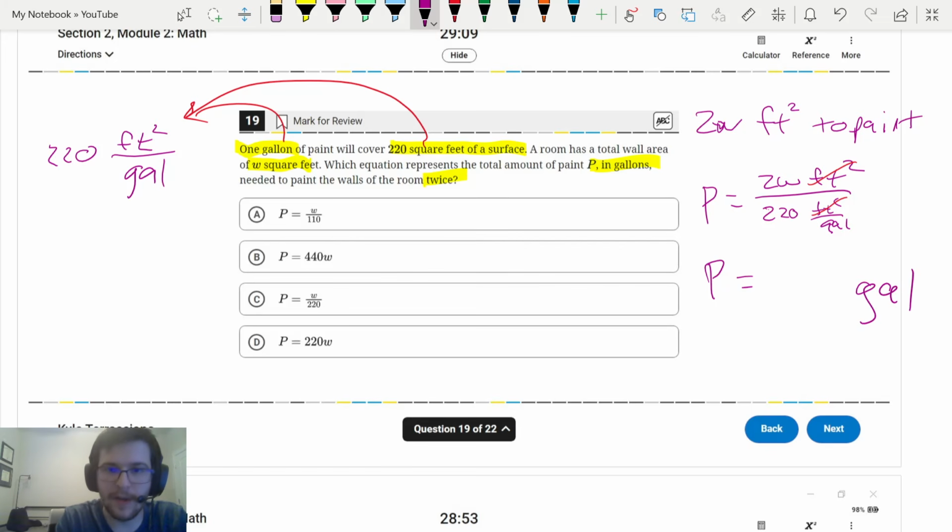So that's what we want, right? The question says gallons right here. And 2 divided by 220, you could just simplify that on our calculator really quick. 2 divided by 220, that's 1 over 110. So it's W over 110 gallons.